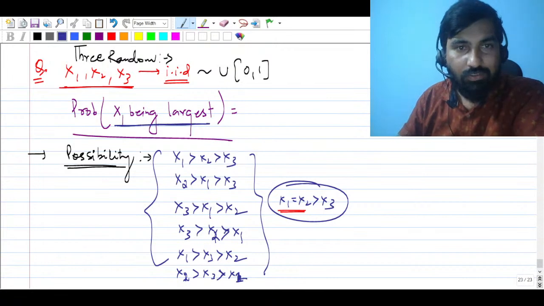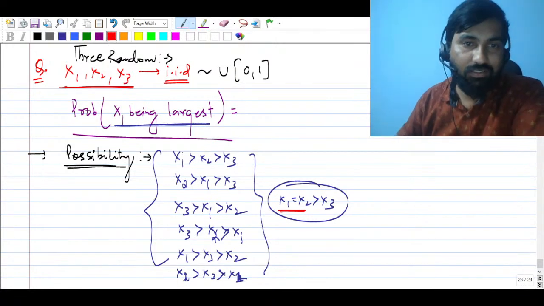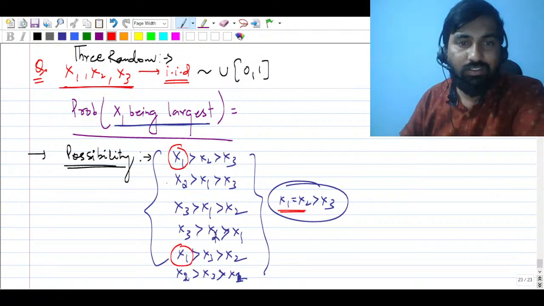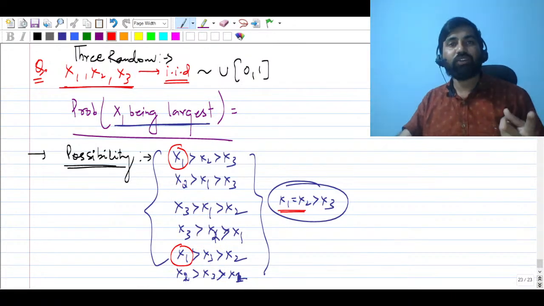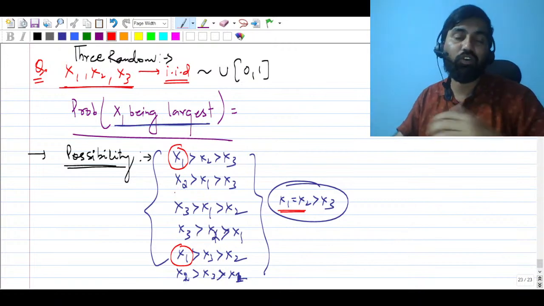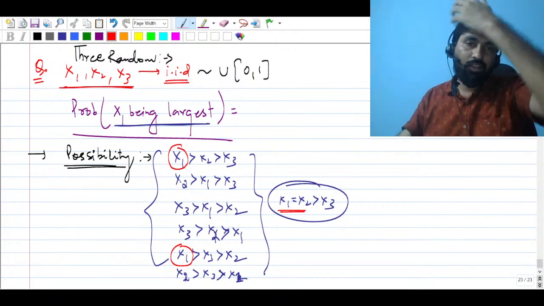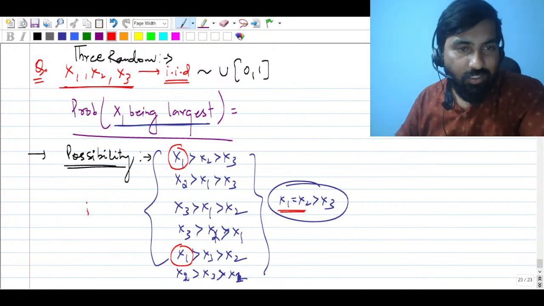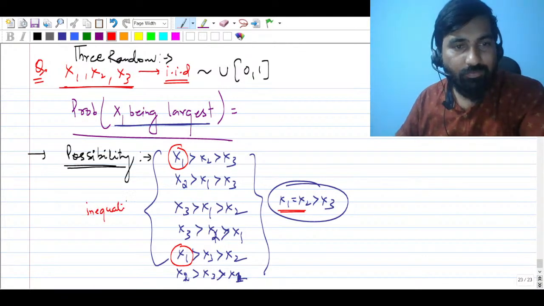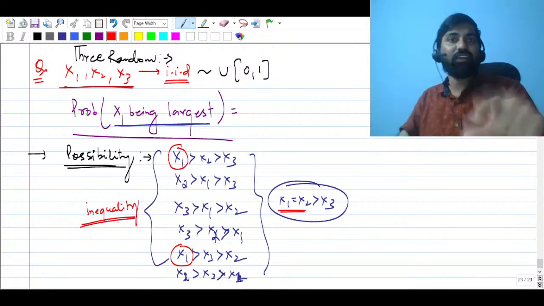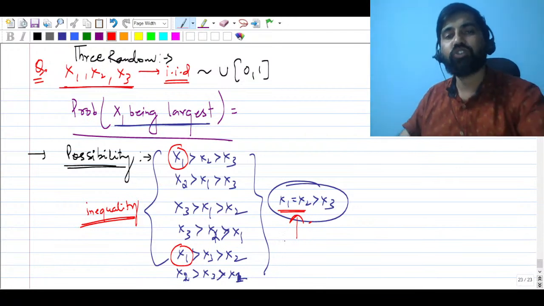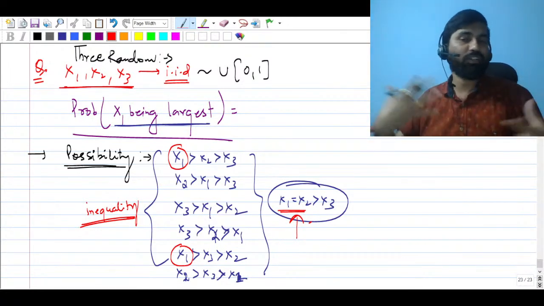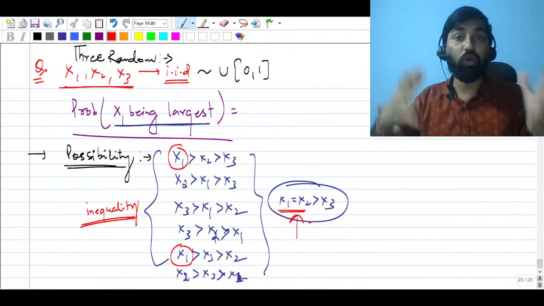So how many possibilities are there? x1 is largest here and x1 is largest here. Out of six possibilities there are only two which are correct according to this. For these inequalities the probability will exist, but for the ones with equality the probability will be zero.